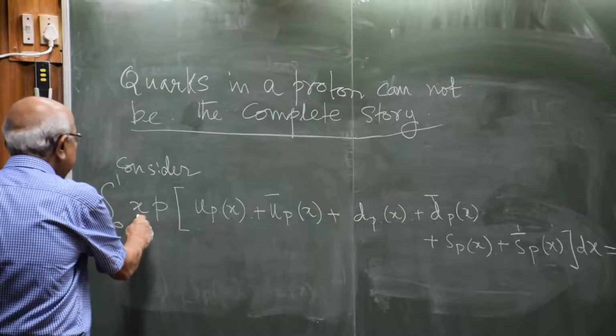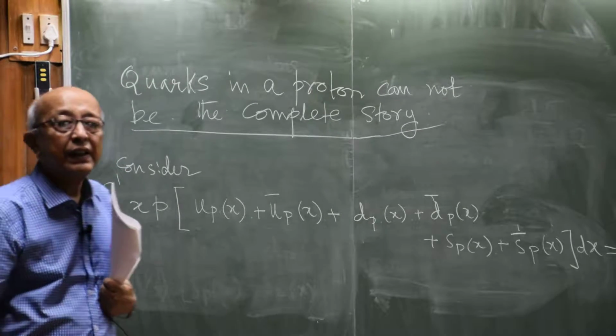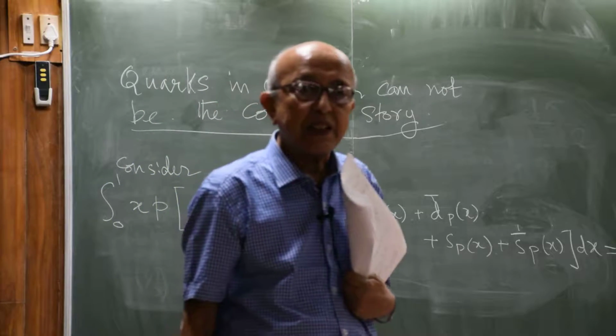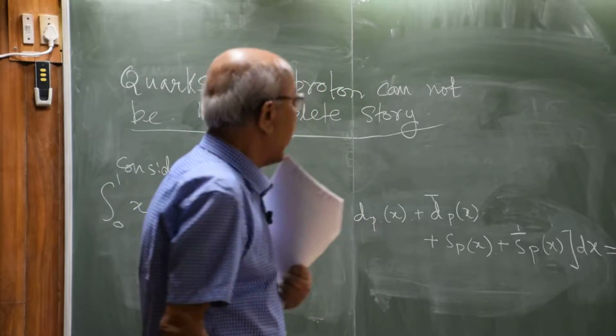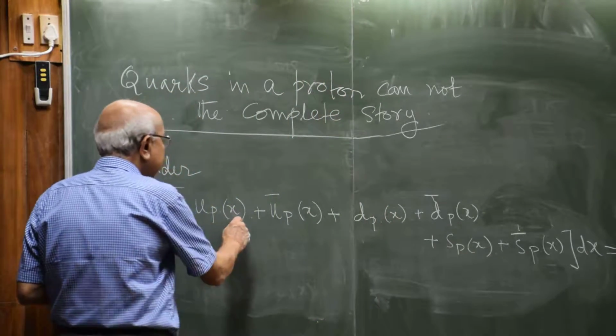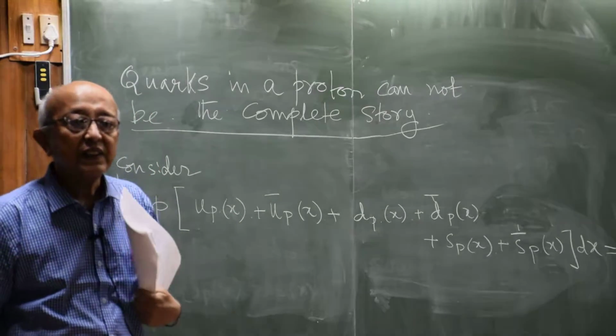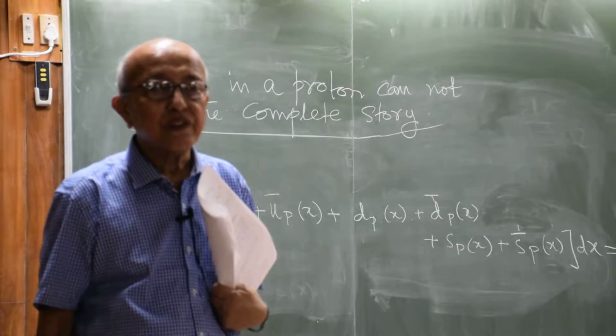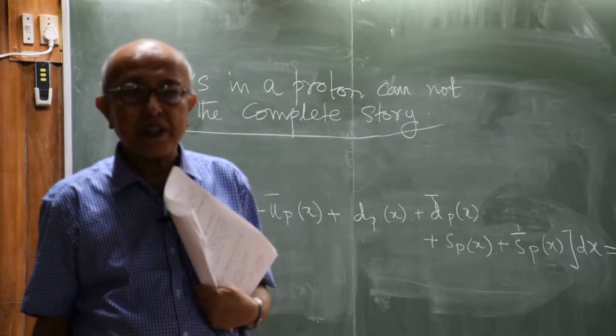So what is x? x is the momentum fraction carried by a quark, and u is the probability that a u-type quark carries x fraction of proton momentum.